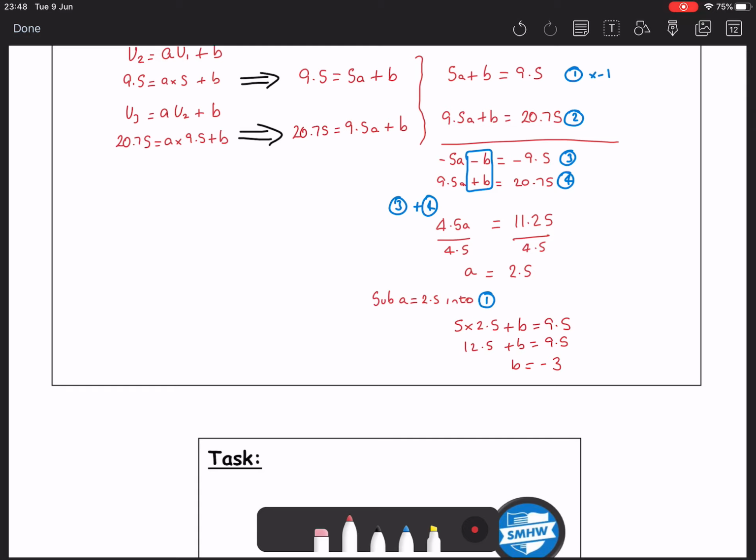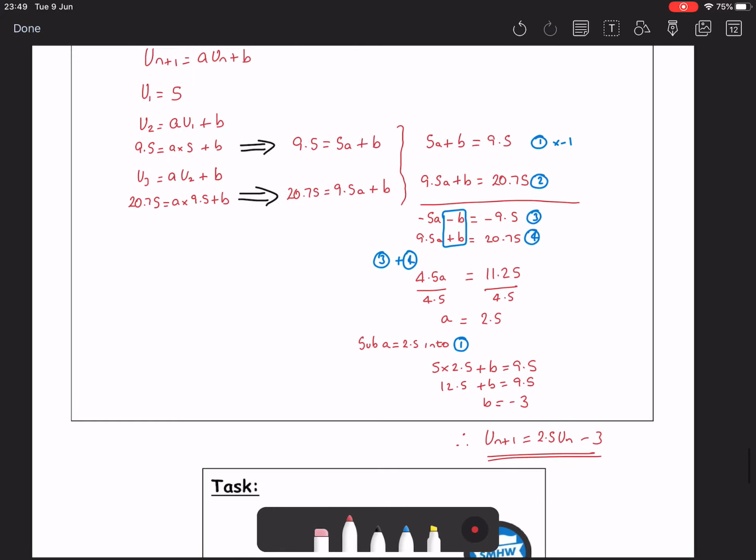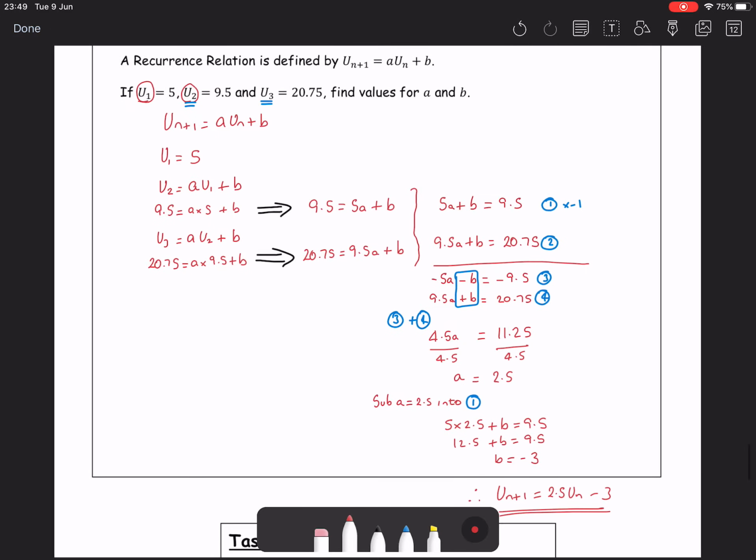However, if we're looking at our recurrence relation, the next term is equal to 2.5 lots of the previous term, subtract 3. And that is the recurrence relation for these 3 consecutive terms.